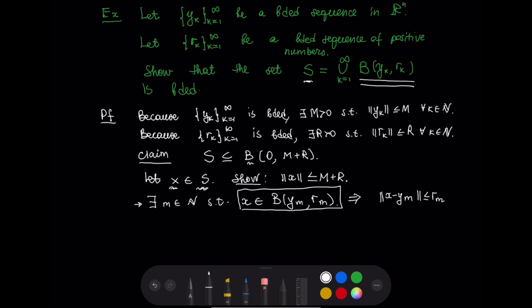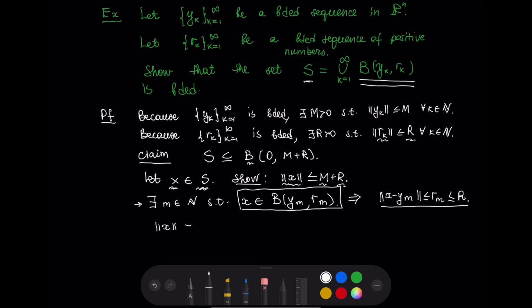However, rm is less than or equal to capital R. So this is less than or equal to capital R. But we need to show that the norm of x is less than or equal to M plus R. So we are going to write down the norm of x, and somehow we want to use this fact here, right?